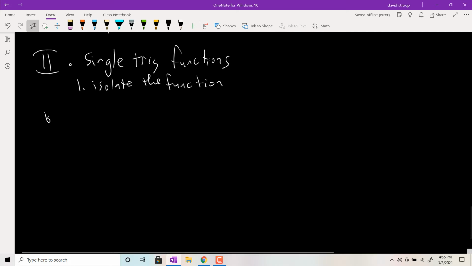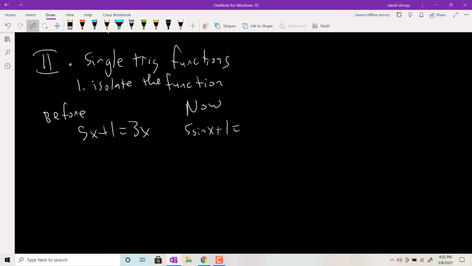So before, you would have something like 5x plus 1 equals 3x, and you would solve. Now, though, instead of having x, you have a trig function: 5 sine x plus 1 equals 3 sine x.